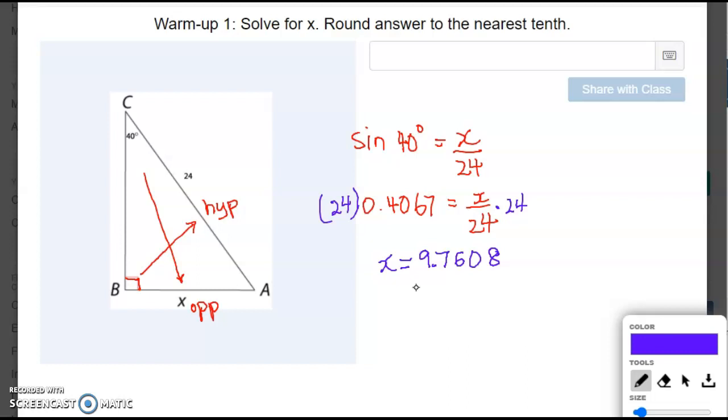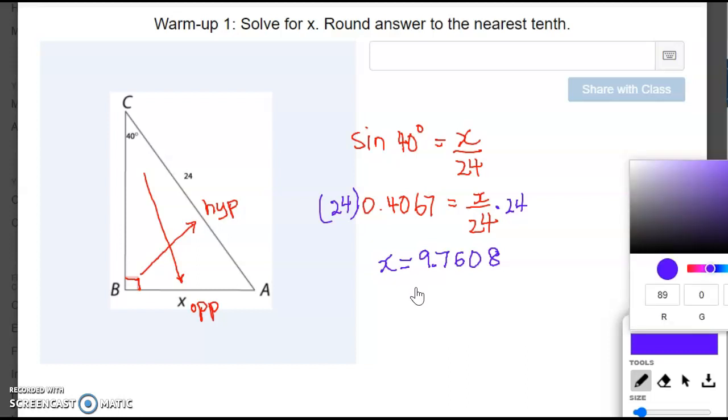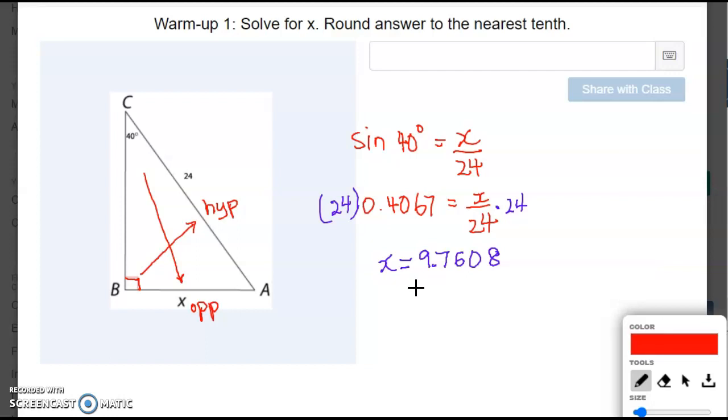Now, part of the reason I want to do this problem is because of the rounding issues. When I'm looking at your homework, I am finding that many of you do not know how to round to whatever place you're told. So it says, round your answer to the nearest tenth. What does that mean? So here is my decimal point.